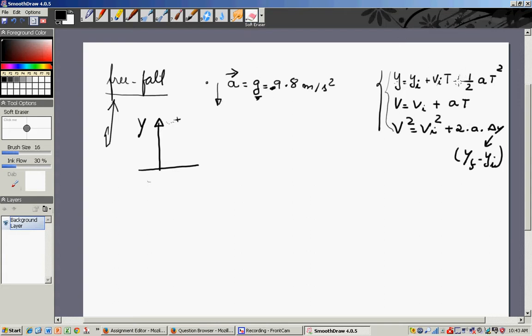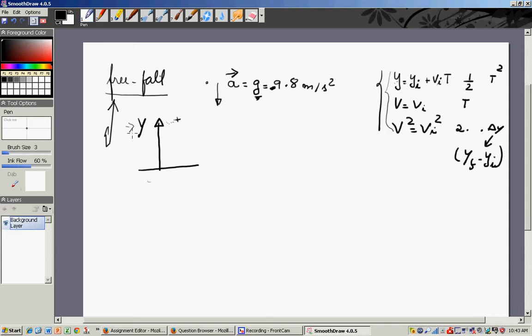So when you use one of these three equations, what's going to be the difference?